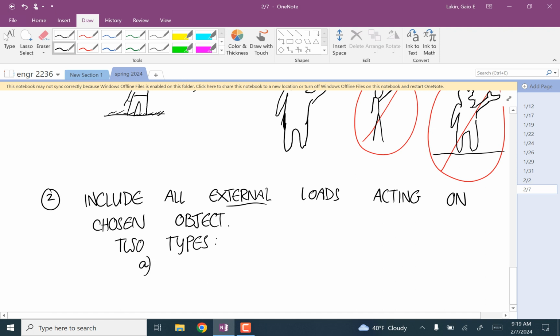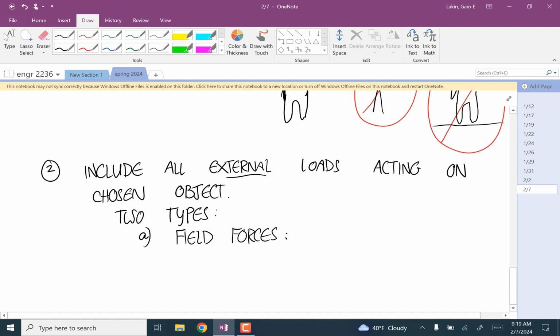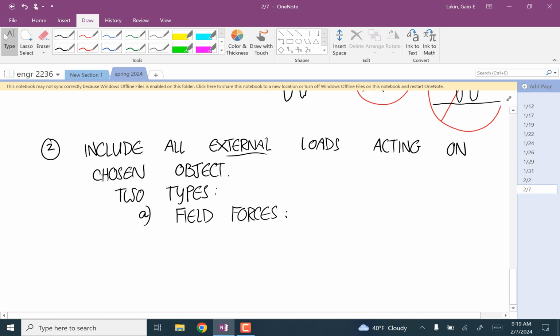The first one is field forces. Those are forces where if you know the location of the object, you know the force. Those are always conservative forces. Gravity is the main one. We're always going to include the weight.